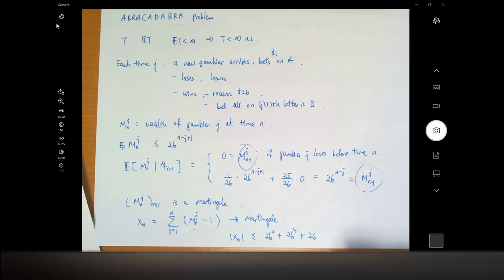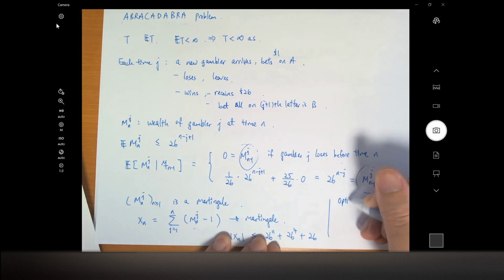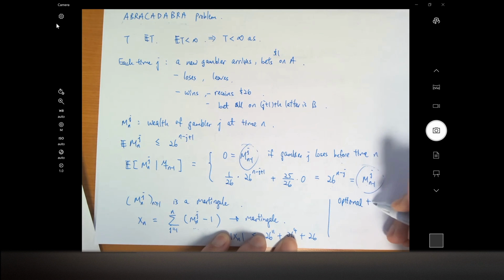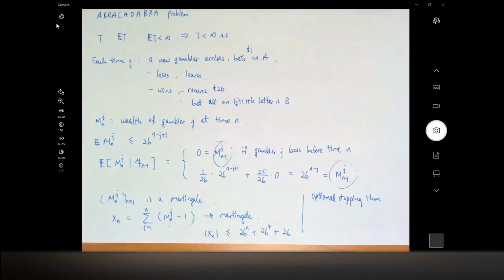So we saw that since it's bounded, using the optional stopping theorem, this is a bounded martingale, so the conditions of the optional stopping theorem will apply immediately.